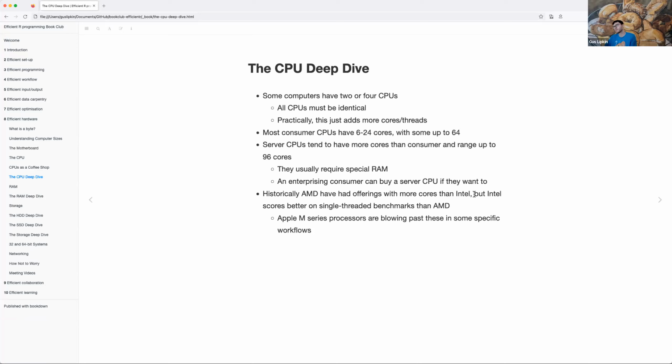And so R usually is single-threaded, but again, you can always multi-thread. And then lately, the Apple M series processors have been blowing Intel and AMD offerings out of the water on certain workflows, but moving over to Apple, you can't really configure the hardware as much as you might like to.